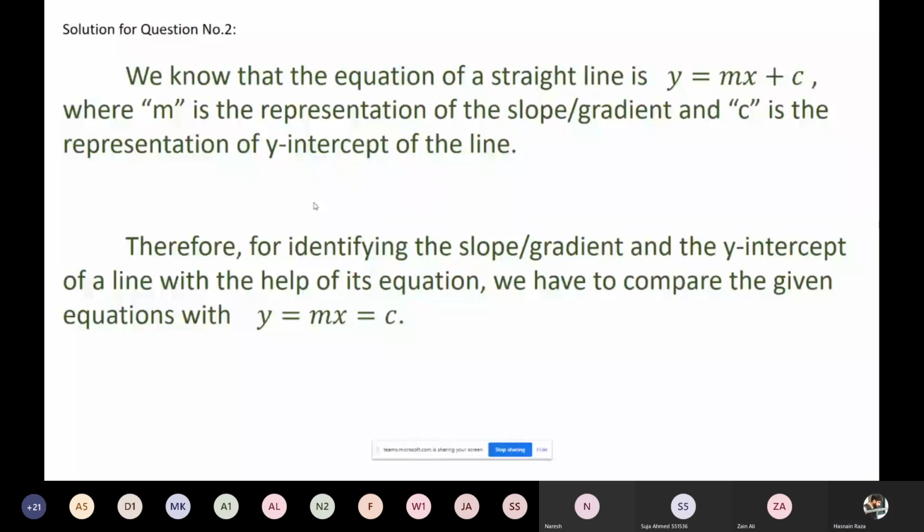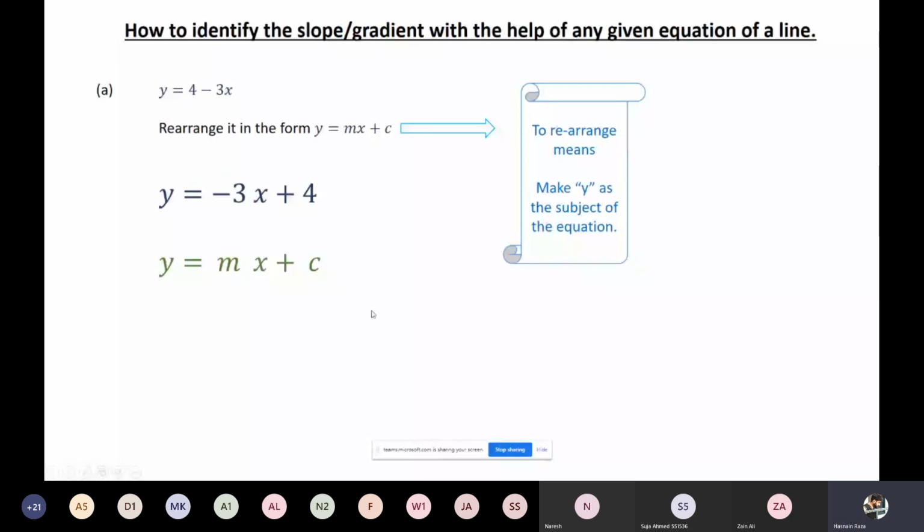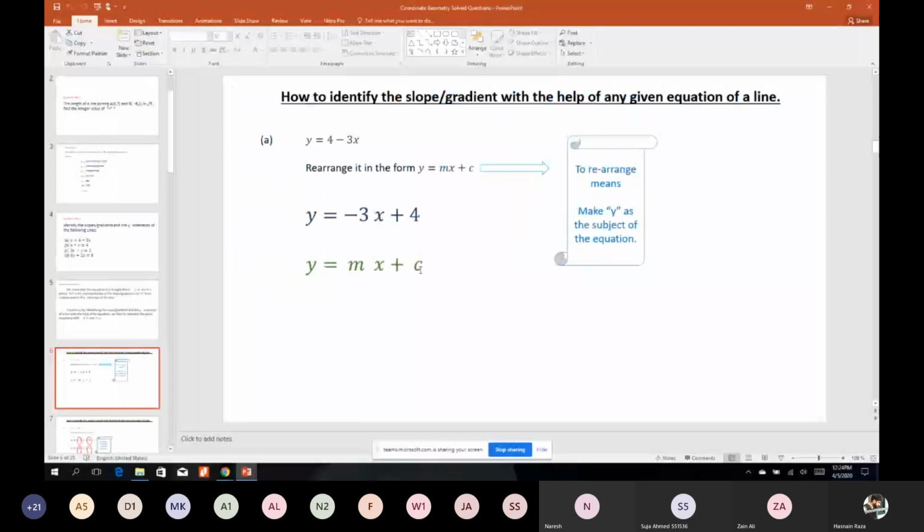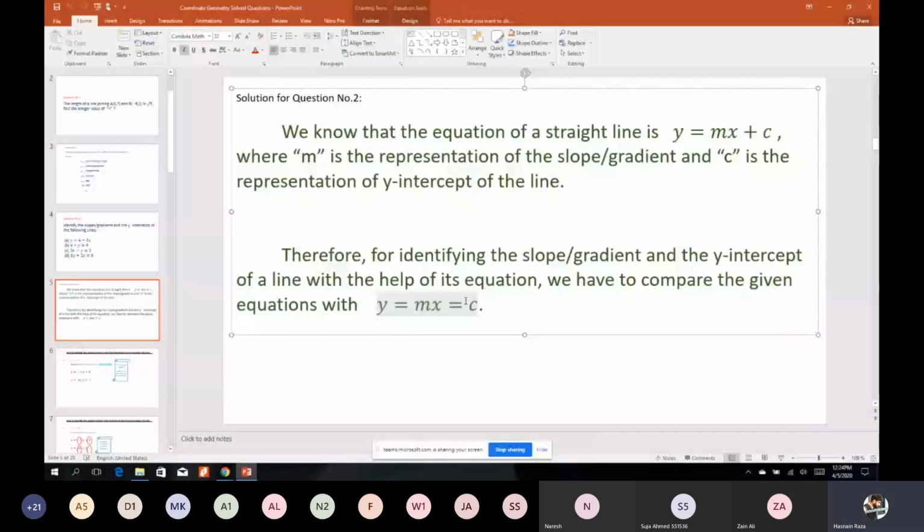Fine. So, for identifying the slope or gradient and the y-intercept of a straight line with the help of its equation, we'll have to compare the given equation with y equals mx plus c.